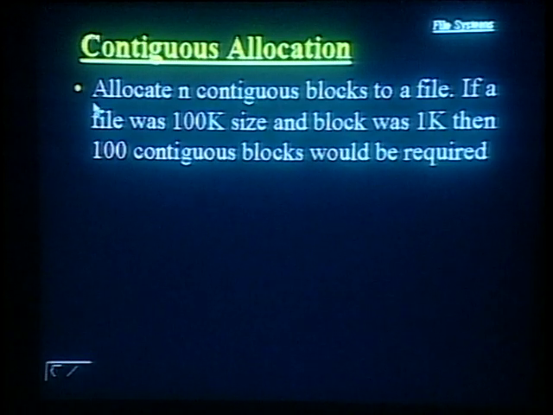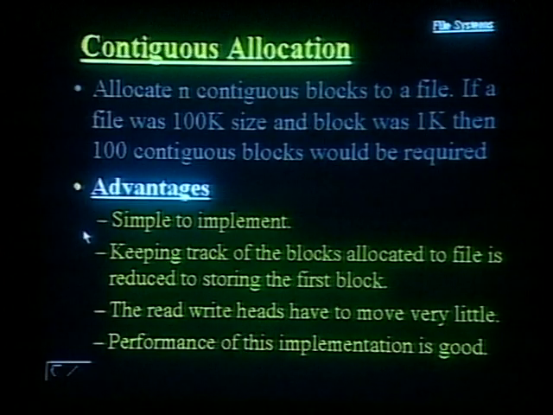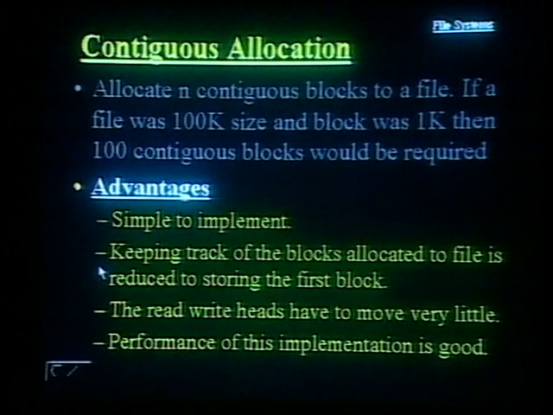In contiguous allocation, the operating system allocates n contiguous blocks to a file. Let's say if the file was of 100K in size and our block size is 1K, we'll need 100 contiguous blocks to save that file. The advantages of contiguous allocation are that it's very simple to implement, because keeping track of the blocks allocated to a file is reduced to storing the first block.